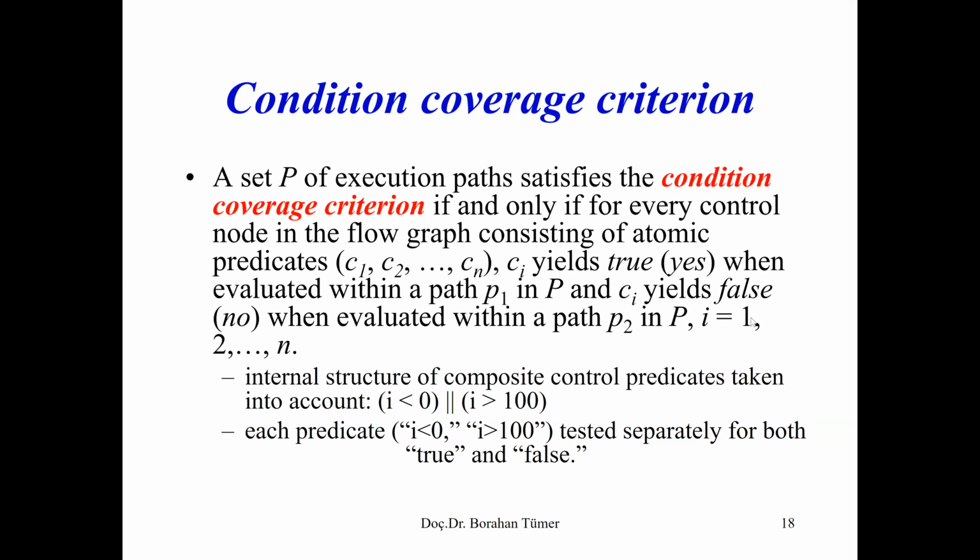So I will have at least two test cases, each activating an execution path for each value of a condition in the decision structure, where the decision structure is composed of conditions from C1 through Cn. Do you understand that? Do you have any questions? Let me give you an example.